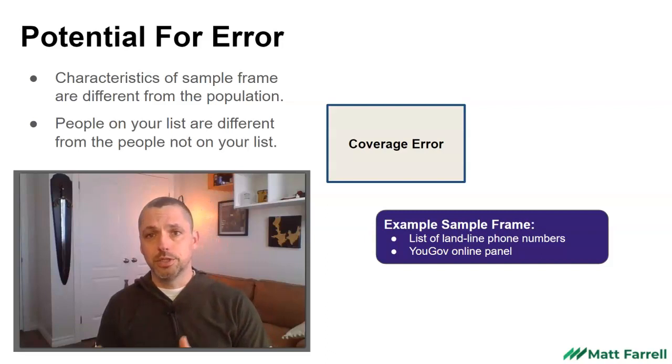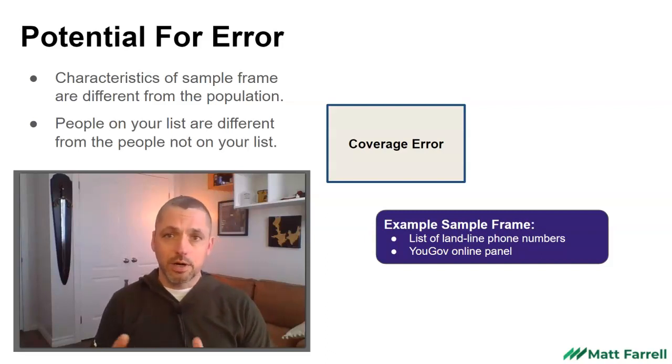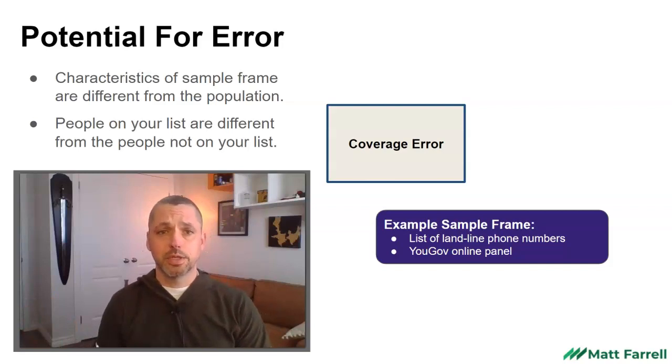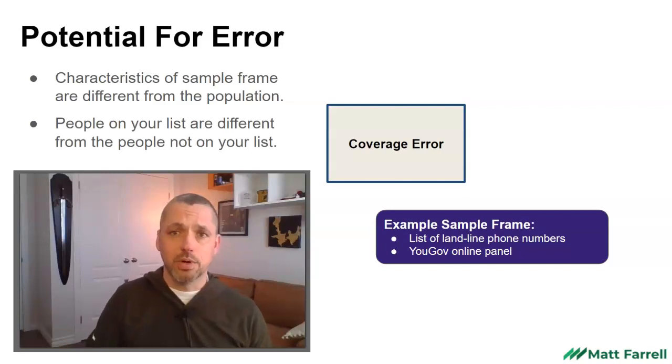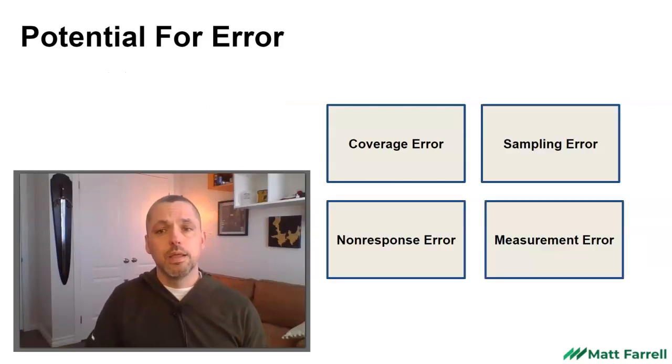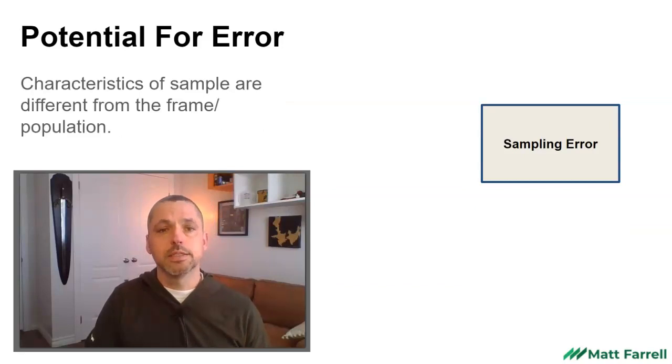Online panels such as YouGov and many other online panel firms, well, those are people that volunteer to complete online surveys. People that volunteer to complete online surveys might not be representative of the entire population. So coverage error means the list we have might be off in some manner when we compare it to our initial population.